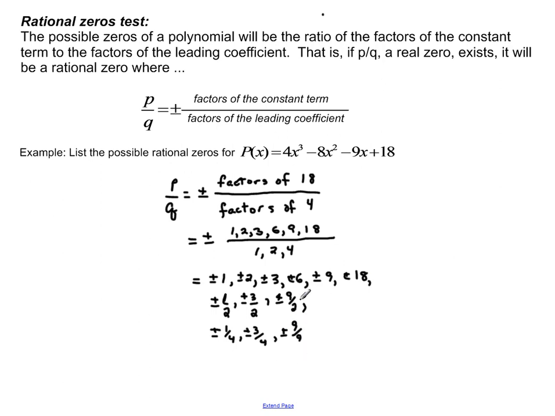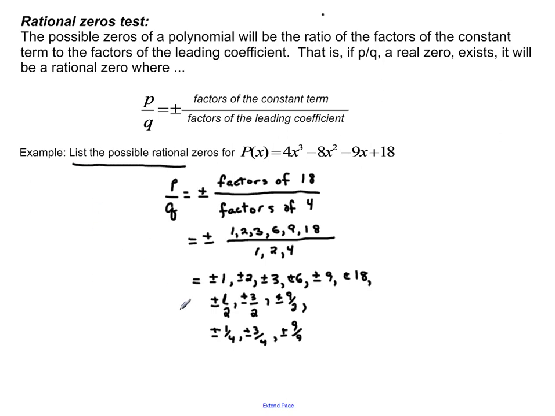That's it, right? 18 over 4 reduces to 9/2, and we don't have any other factors in our denominator to rewrite. So this list of 12 numbers, plus or minus each one, constitutes our list of possible rational zeros.